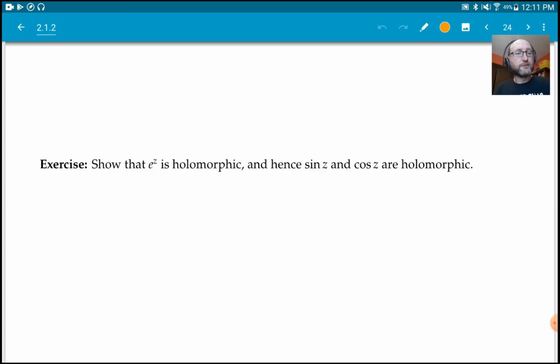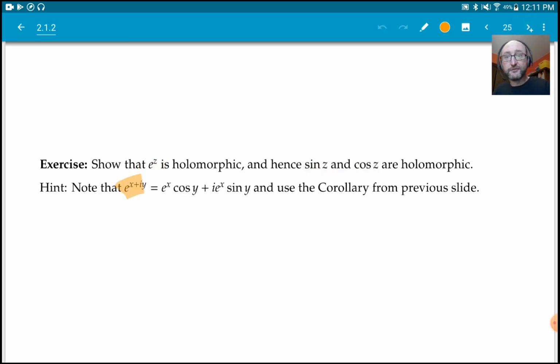So for example, there's a very simple exercise. You take e to the z and you check that it's holomorphic using that corollary. And from that you get that sine and cosine, the complex sine and cosine, which are defined just in terms of e to the z, are holomorphic. The hint is to write it in terms of x and y, take the real and imaginary part, show that the partial derivatives exist and are continuous, and satisfy the Cauchy-Riemann equations.